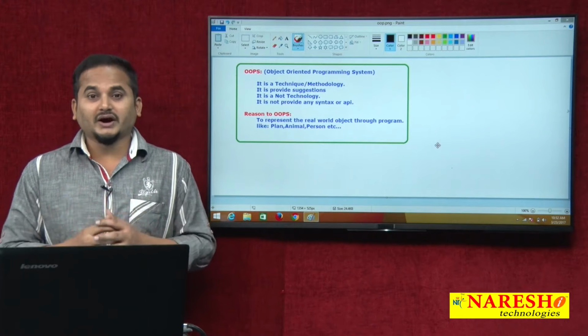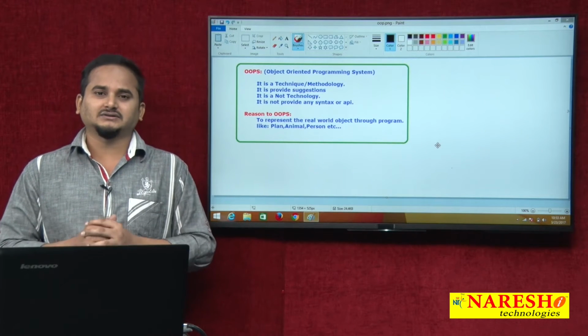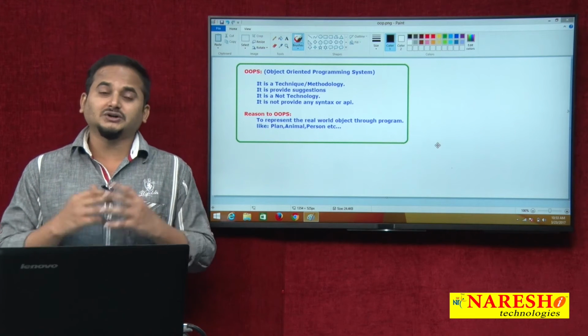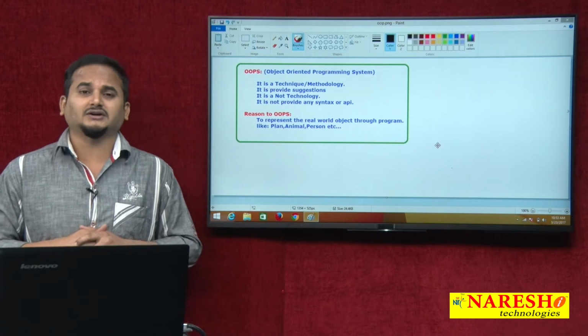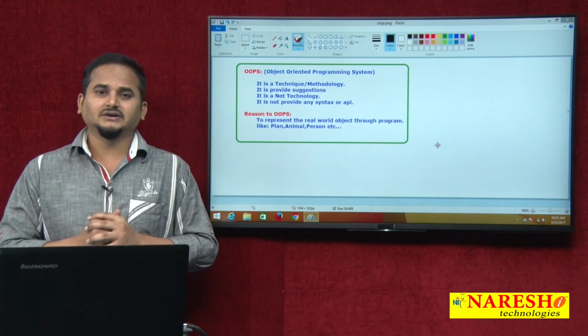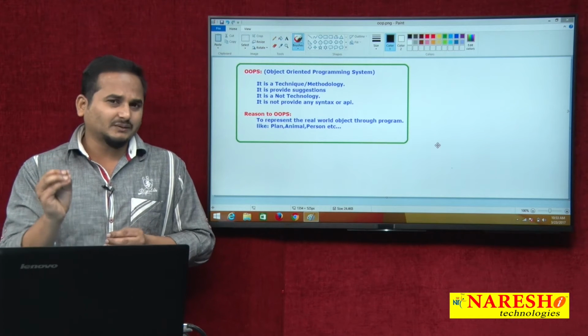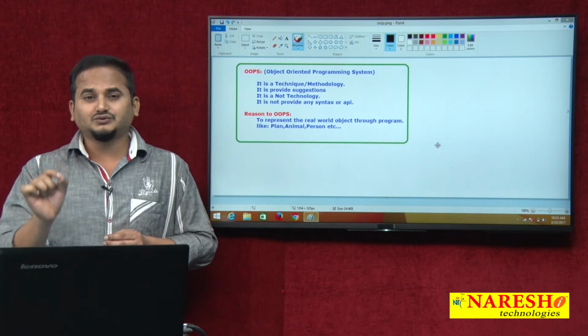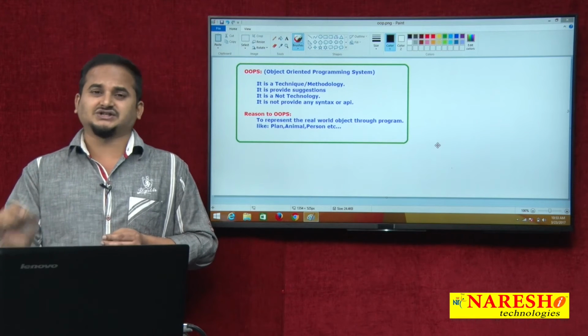What exactly are they providing? These are providing modularity. These are providing security. A lot of efficient principles are given by object oriented programming system principles. So what is OOPS? An object oriented programming system.